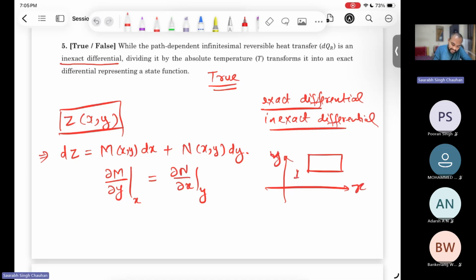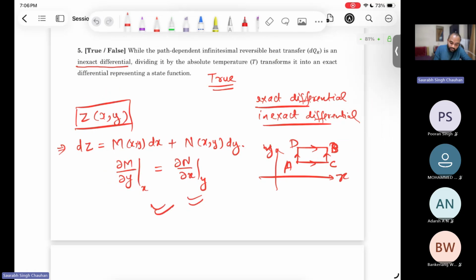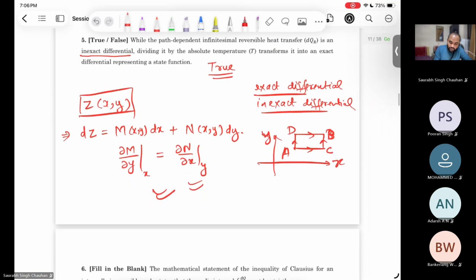You can take 2 points, point A and point B, and have different paths for going from point A to point B. If this condition is followed, then you will find that the change in that particular property along both of these paths is the same. If this condition is not followed, then the change in that property will be different along different paths. That you can check yourself.